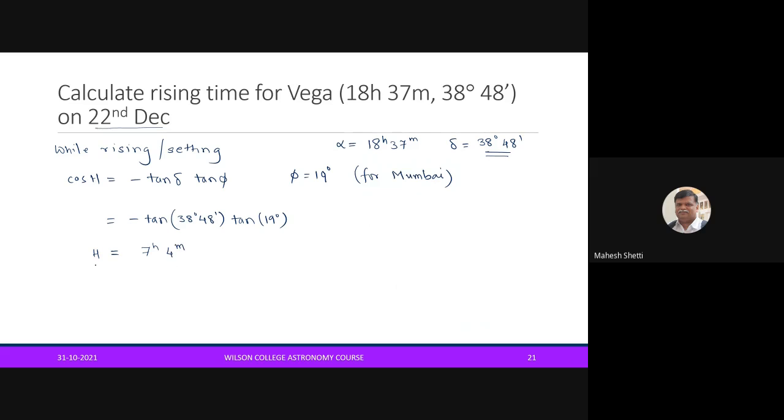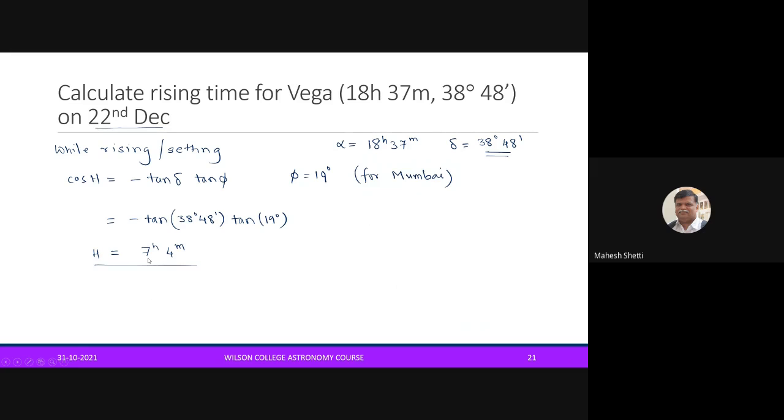And you might have realized there is a problem here. What is the problem? Remember our definition of hour angle: the time elapsed since the object was on the meridian. So if it is rising, it is not going to be 7 hours. 7-hour time is for setting, because for setting also it is the same formula.